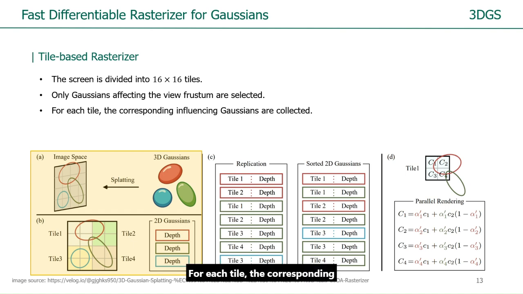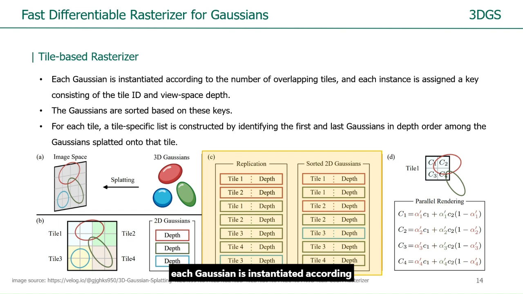For each tile, the corresponding influencing Gaussians are collected for rendering. Each Gaussian is instantiated according to the number of overlapping tiles, and each instance is assigned a key consisting of the tile ID and view-space depth. The Gaussians are then sorted based on these keys.